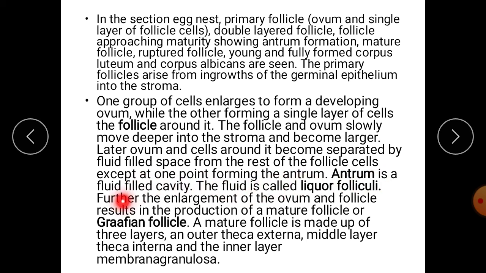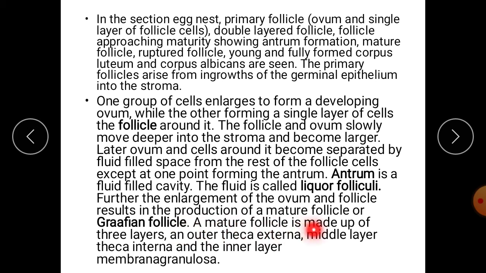Antrum is a fluid-filled cavity. The fluid is called liquor folliculi. Further, the enlargement of the ovum and follicle results in the production of mature follicle or Graafian follicle.